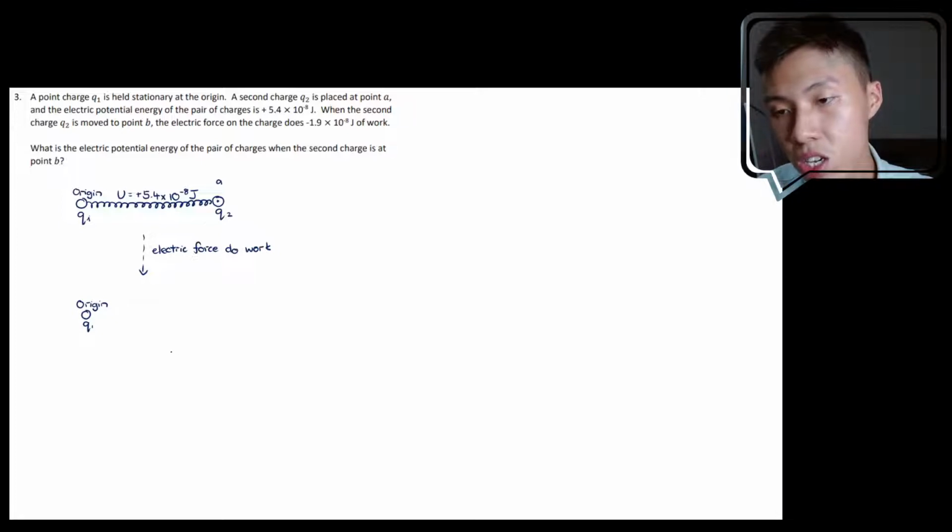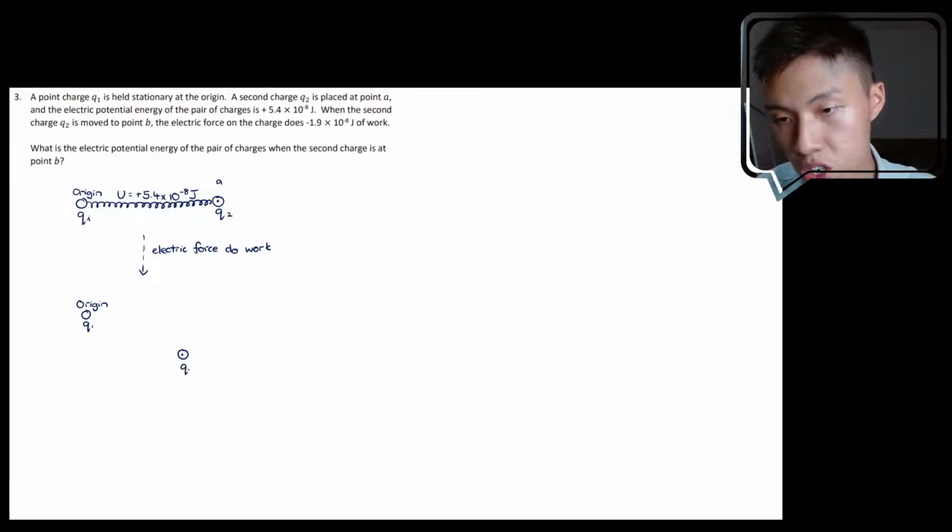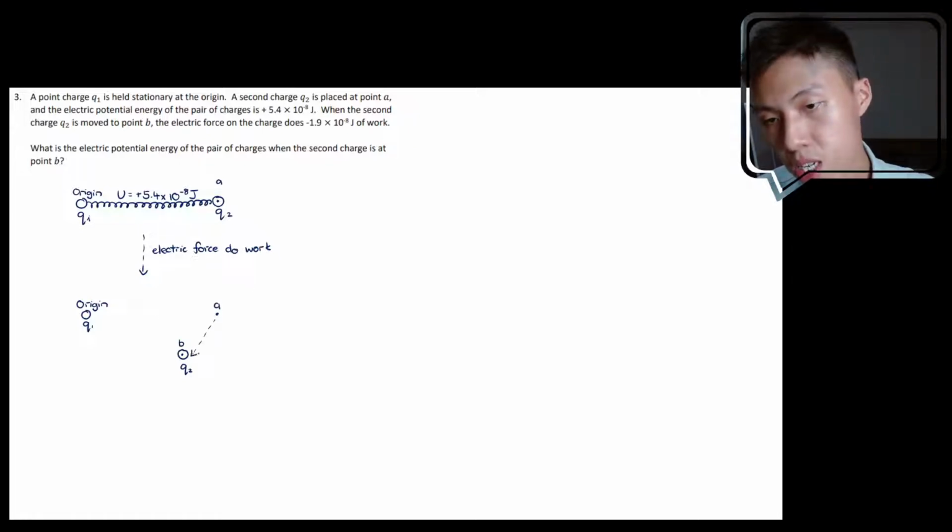But let's say today Q2 is being moved to another position. Let's call this position B. Okay, and it's being moved to this new position over here. Again, I use the space down here to write the charge. So this is point B. Okay, initially point A is somewhere over here. So I move my charge over here.